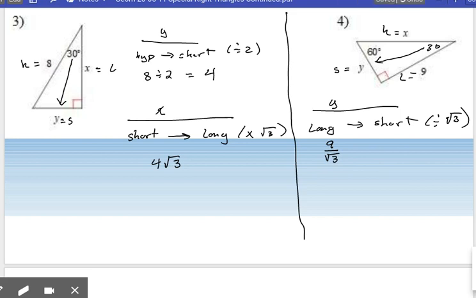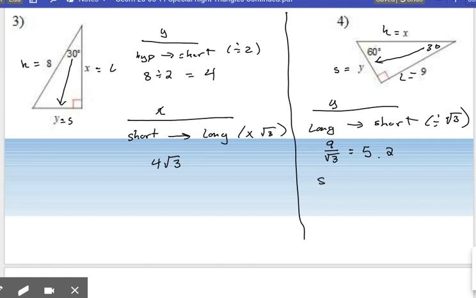I don't like to. So 9 divided by the square root of 3, and we're going to get our decimal here. 5.2 is what it rounds to. So now I have my short leg, and my short leg is 5.2.